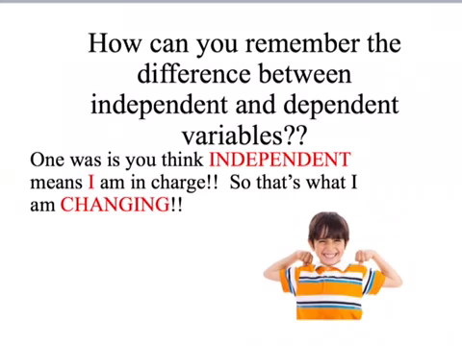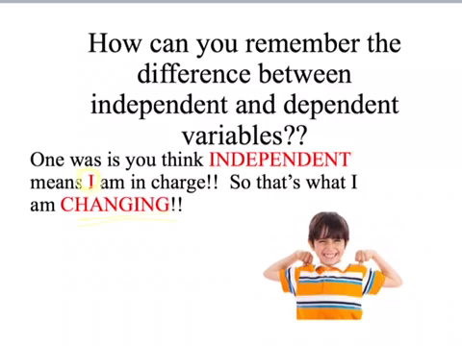Now, one thing that sometimes people get really confused is independent and dependent variables. So here's a little trick on how to remember them. I think of the independent variable as when I am independent and I'm in charge and I choose what I change in my science project. That's what I'm changing.